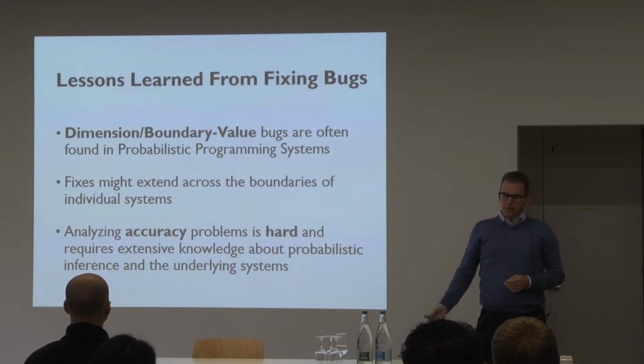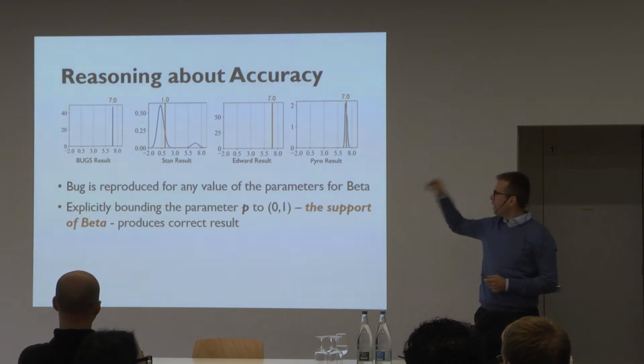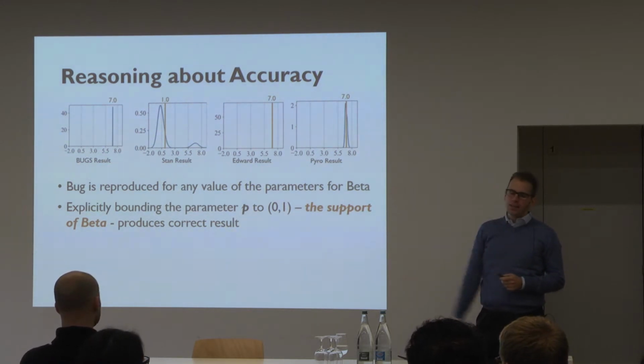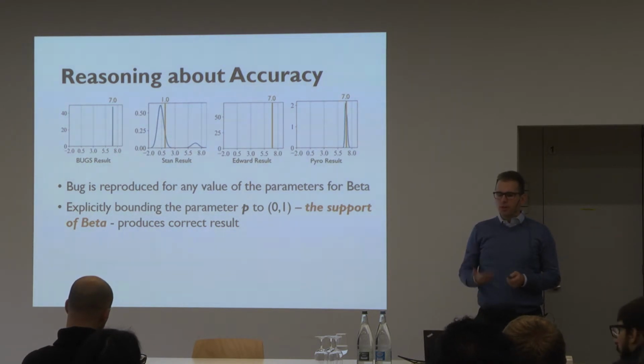All right, and then let's go back to accuracy. This was the example I showed you before. So we did another check. We ran the same program in BUGS, which is a classical system for probabilistic programming. It has about the same syntax as Stan. What was the problem?